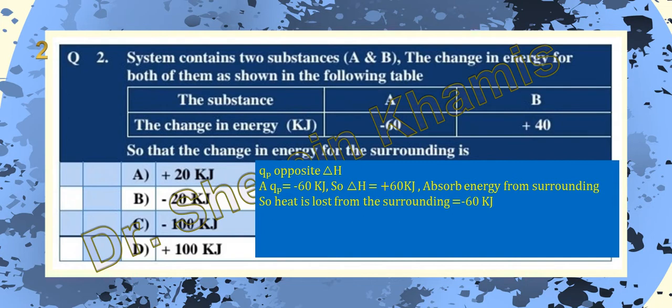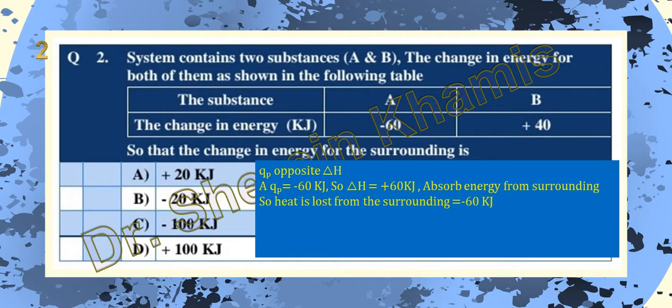The heat is lost from the surrounding by negative 60 kilojoule, so the temperature, or energy, of the surrounding decreases.